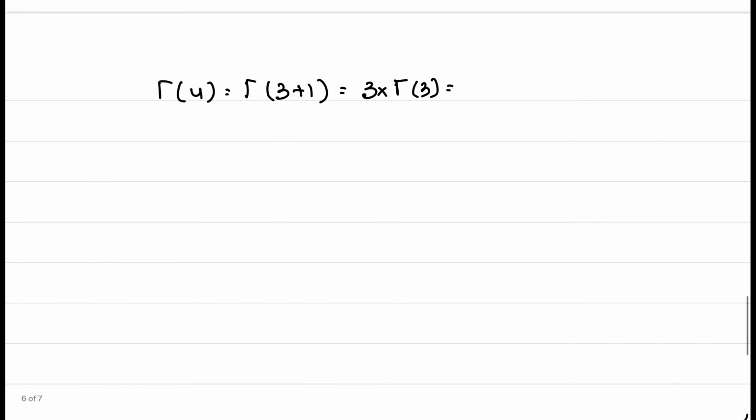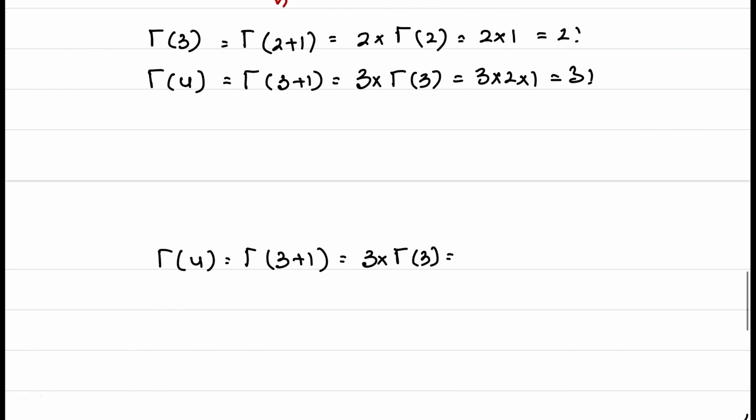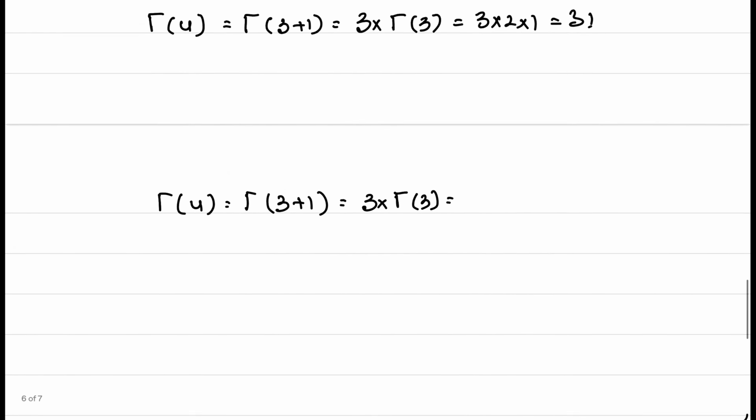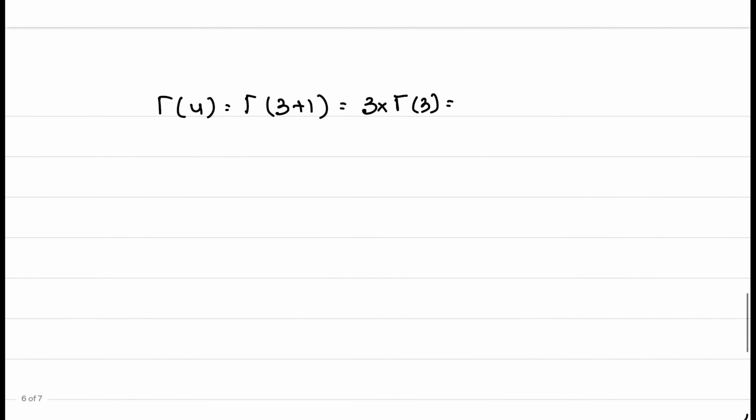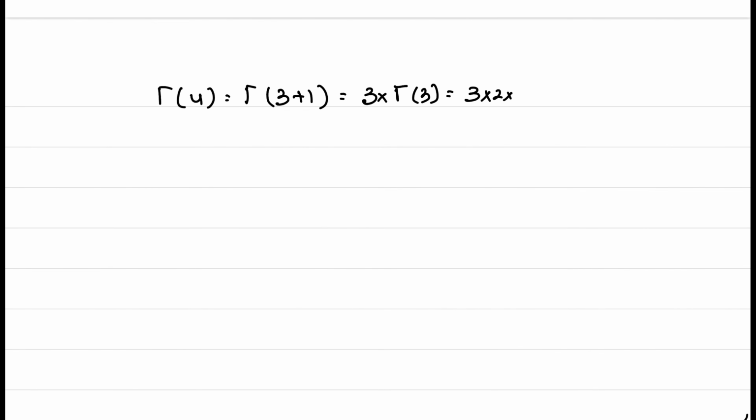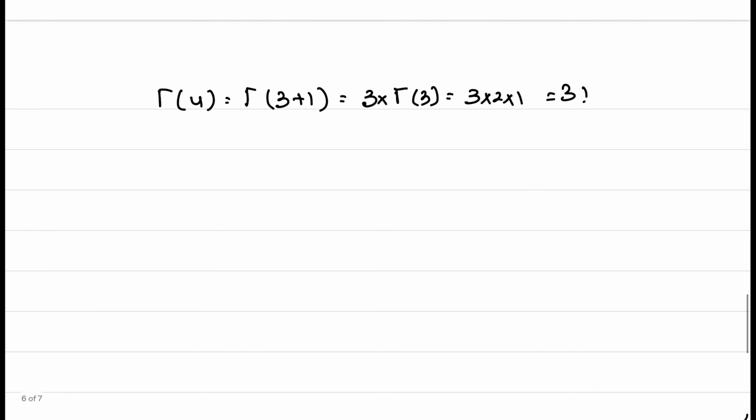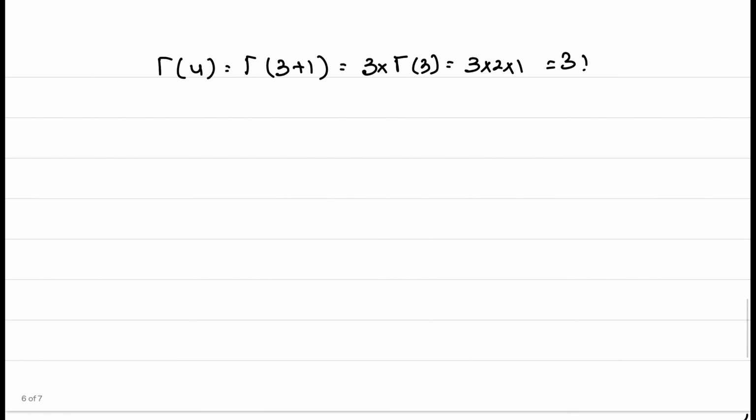Then what is gamma 4? Gamma 4 is gamma 3 plus 1, that is 3 into gamma 3. What is gamma 3? Gamma 3 is 2 into 1. 3 into 2 into 1, that is equal to factorial 3. I have redone gamma 4. No problem. If you redo mathematics, nothing wrong in it.